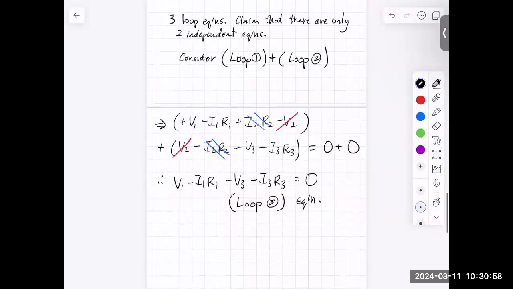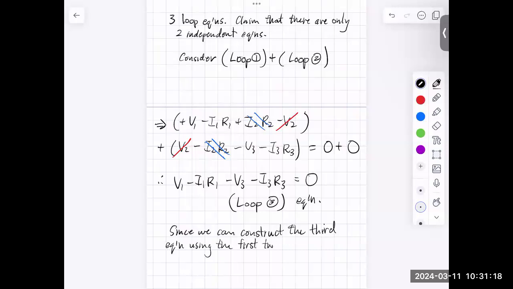Okay, so since we can construct the third equation using the first two, we only have two independent equations.